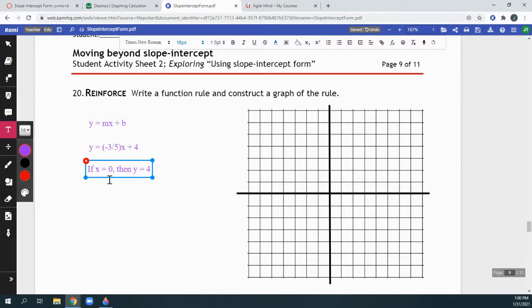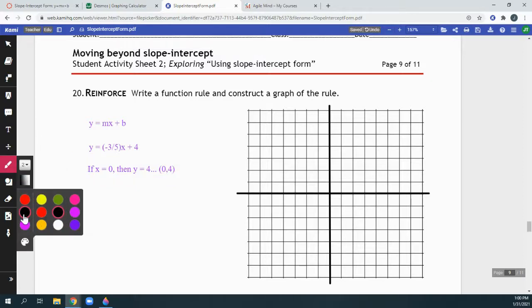That's the y-intercept. So I could graph the point 0, 4, right? That's this point right here. Well, we already knew that was going to happen because 1, 2, 3, 4 is right here. Boom. Oops, gotta make it the right size. There. Because this is b equals 4.